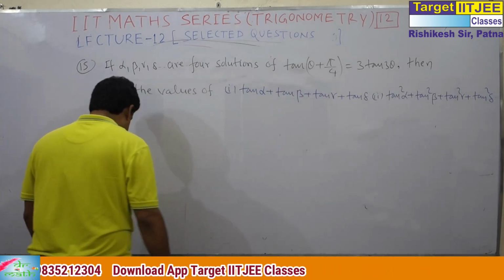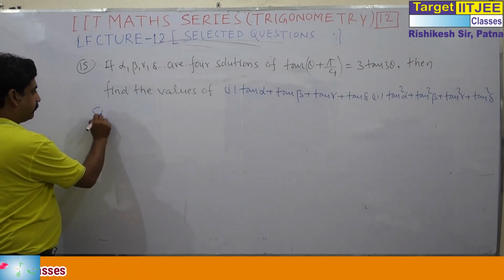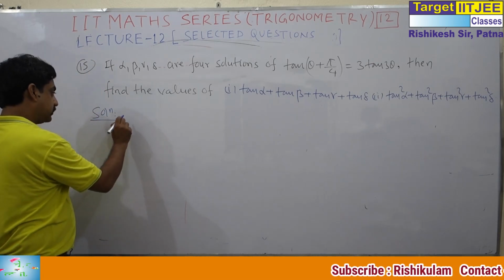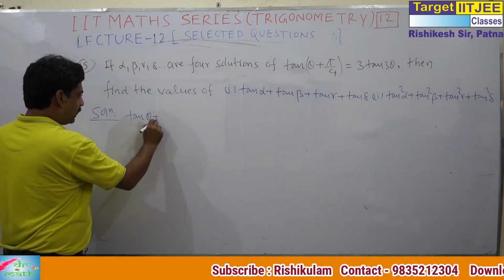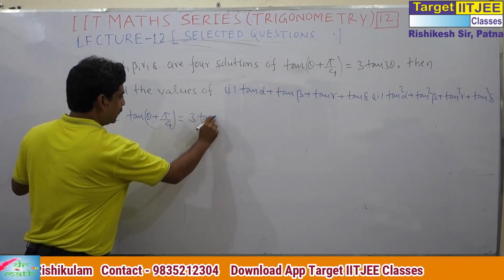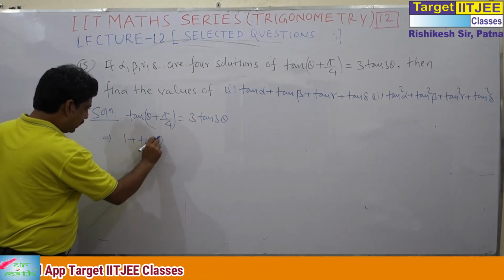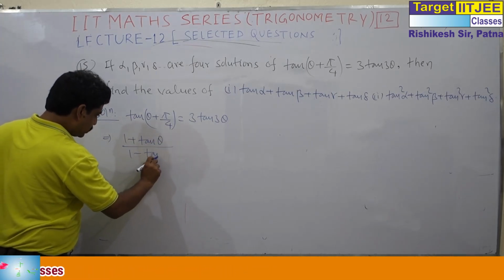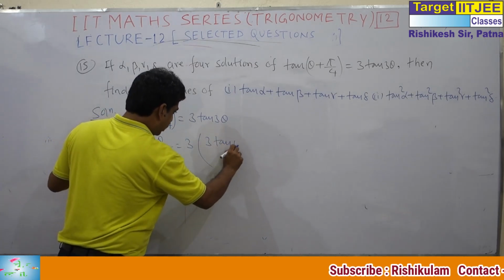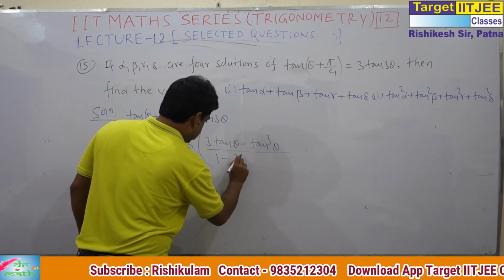Let's see the solution of this question. This question is based on theory of equations. How can you see? Tan of theta plus pi by 4 is 3 tan 3 theta. This is 1 plus tan theta by 1 minus tan theta equals 3 times 3 tan theta minus tan cube theta by 1 minus 3 tan square theta.